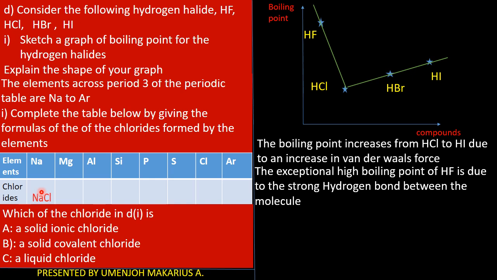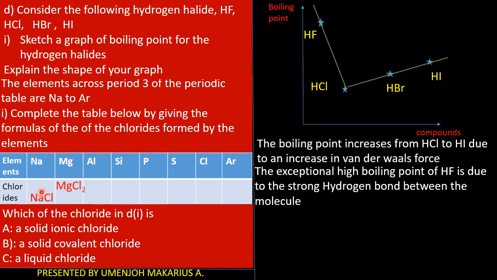Good. Knowing the chloride is not the issue here, but how to bring forth the correct chemical formula of those chlorides, that is what actually matters. So we know sodium to be sodium chloride, and magnesium as well, we know it to be magnesium chloride.